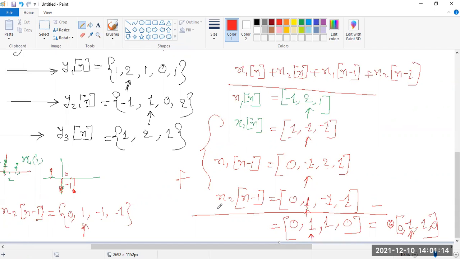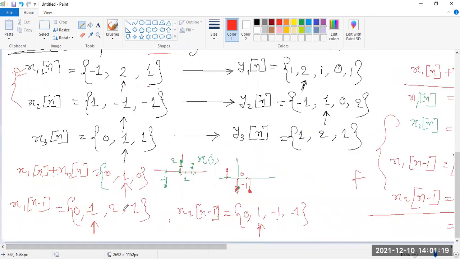You can see there is something wrong. 0 1 0, that is 0 -1 2 1, and that is 0 1 -1 -1, and here -1 2 1. So if you add this, you can see this is 1.